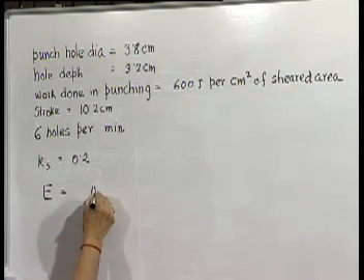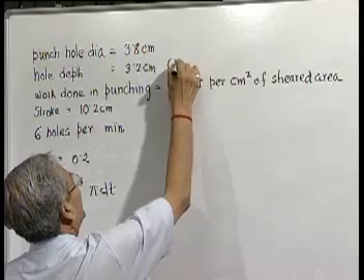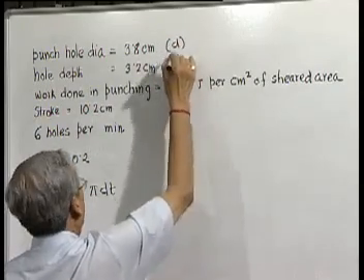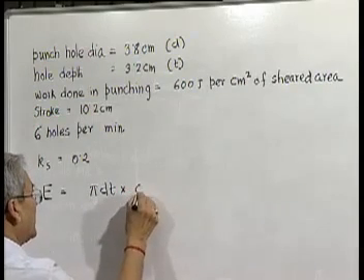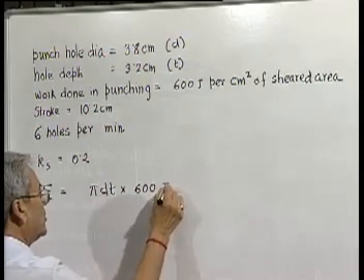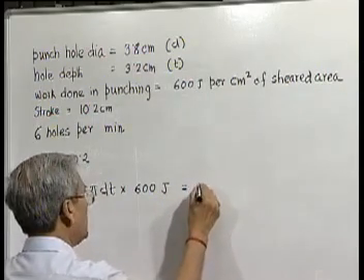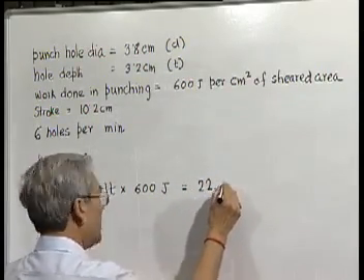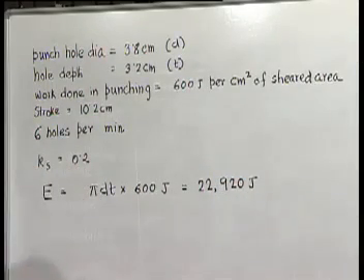It will be the sheared area, which is nothing but pi d into T, into 600 joule, and this, if you calculate, you will get 22,920 joule. That means to punch each hole, we will require so much energy.